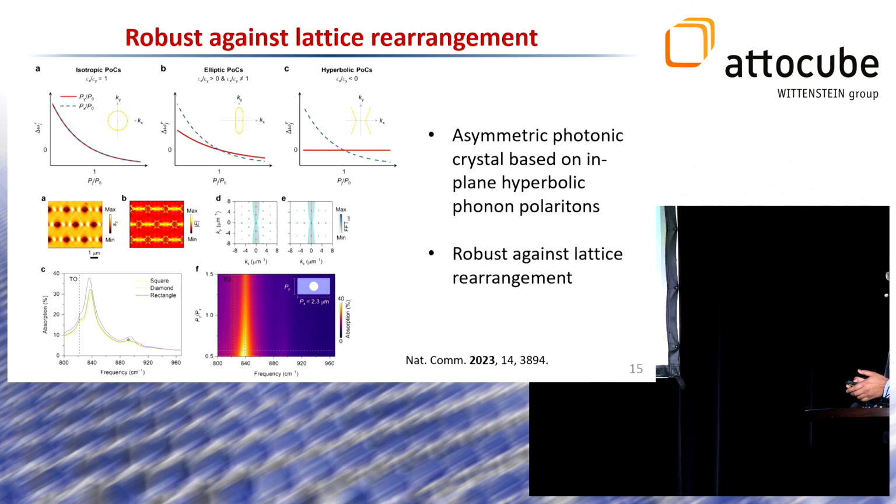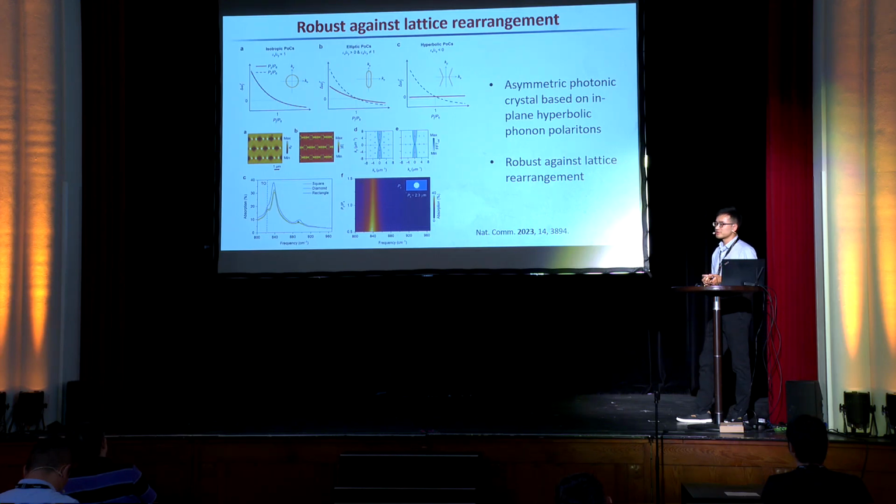I think it's a new feature of hyperbolic polariton-based photonic crystals. Because in a conventional bulk crystal using silicon, or a van der Waals photonic crystal using h-BN, the resonance, the Bloch modes of the photonic crystal, all rely on the lattice orders, right? So this is the difference between our hyperbolic crystal and a conventional isotropic crystal.